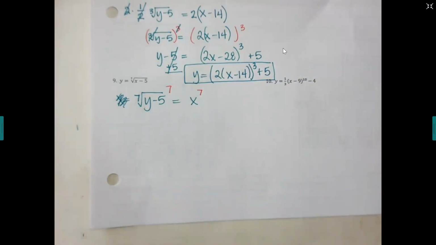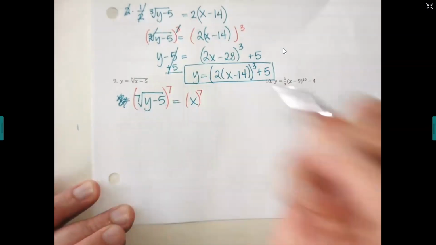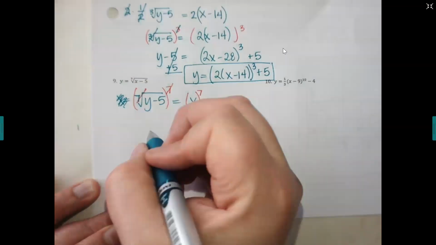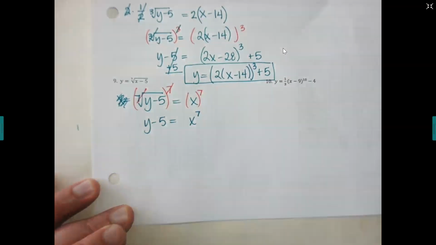But since the x is alone, I don't have anything to group it with, so I'm not going to put the parentheses. You can, sure. From there, my 7th root and 7th power cross out. I just have y minus 5 equals x to the 7.